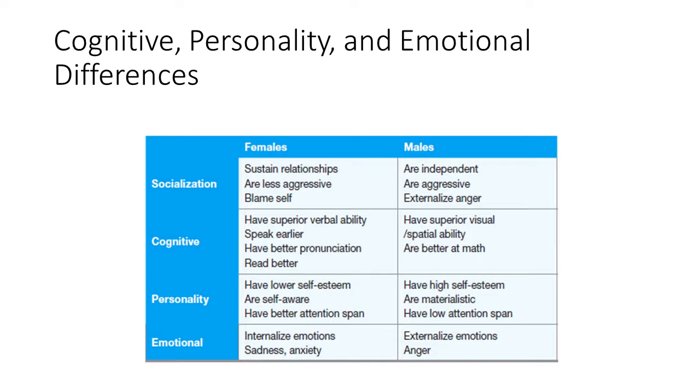While girls are stereotyped as being emotional, that is not the case in many situations, in that both males and females are nearly equal regarding emotions. Girls are more willing to display positive emotions and internalize emotions such as sadness and anxiety, while boys are more apt to display externalizing emotions such as anger.